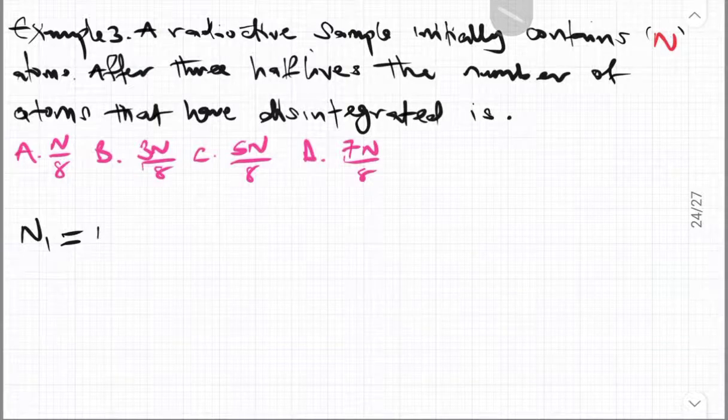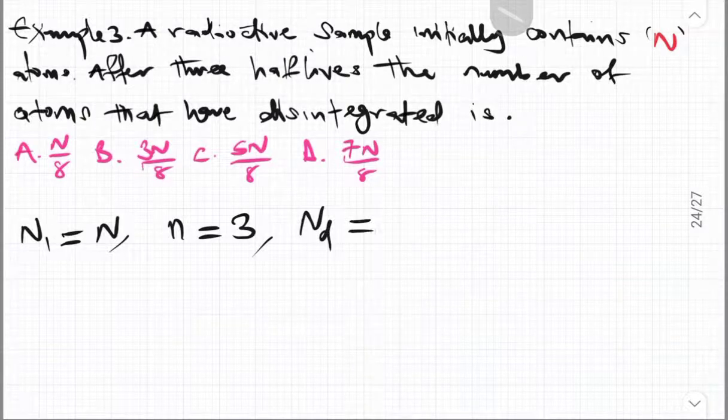So after 3 half-lives, the number of atoms that have disintegrated is, so the number of atoms that have disintegrated will be the number of atoms that have decayed, Nd, right?